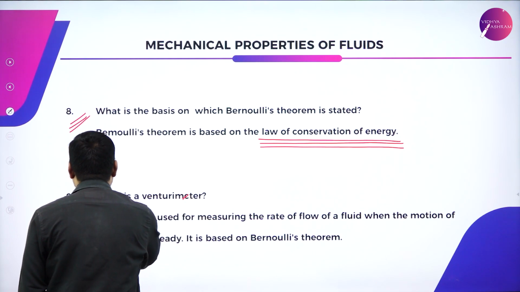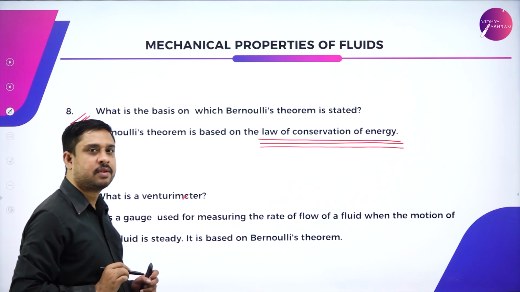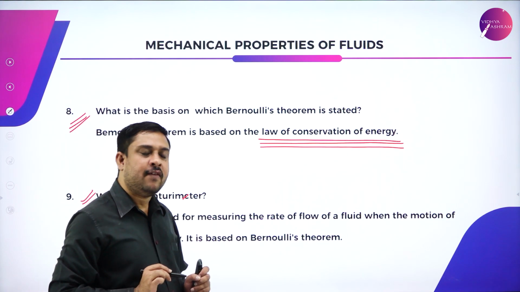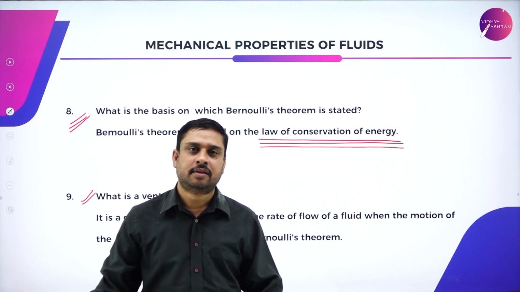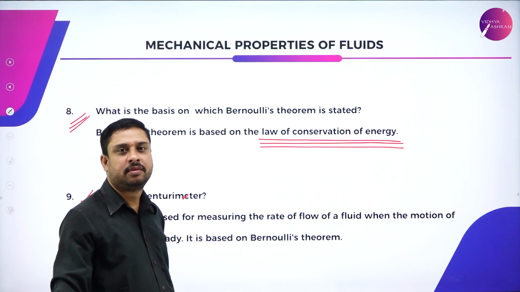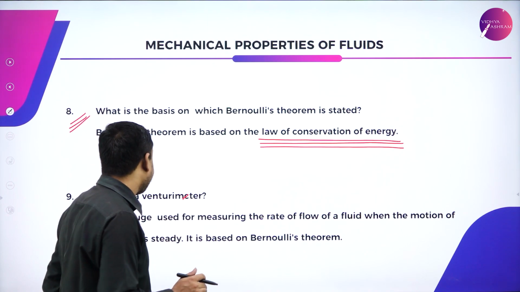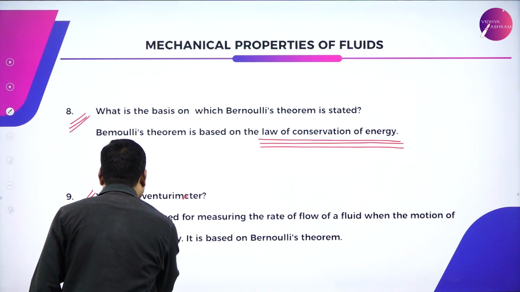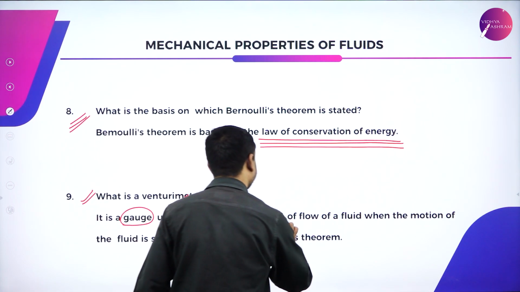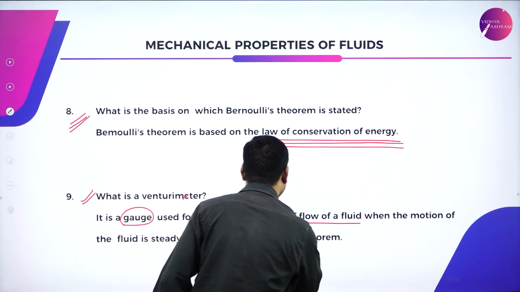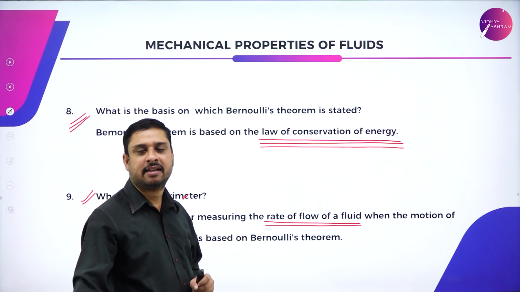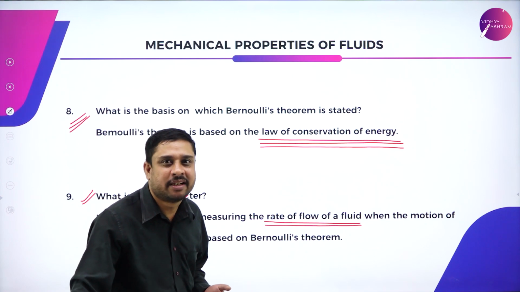What is a venturimeter? It is a device which works on the principle of Bernoulli's theorem, or we say it is a gauge used to measure the rate of flow of fluids in steady motion.